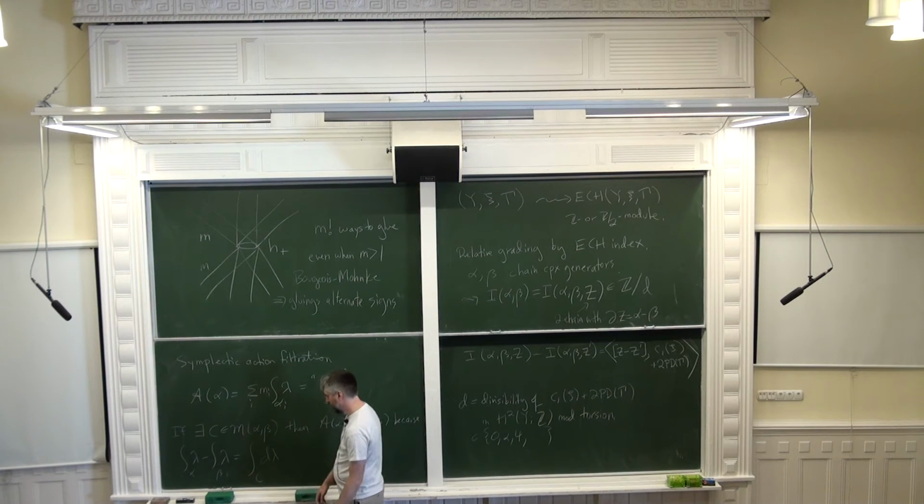There's no convergence problem in this integral because everything is convergent to the orbits at the ends. But the conditions on the almost complex structure imply that d lambda is everywhere nonnegative on a holomorphic curve.